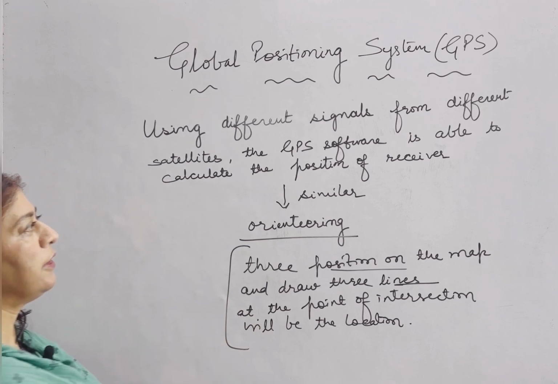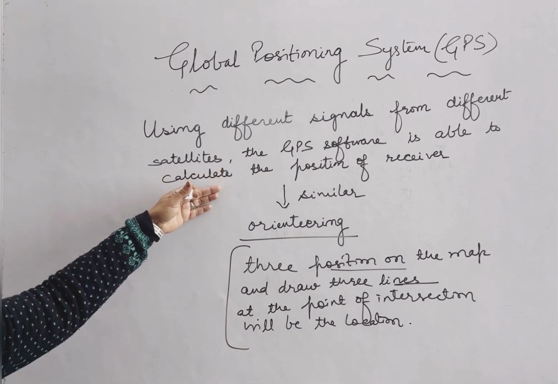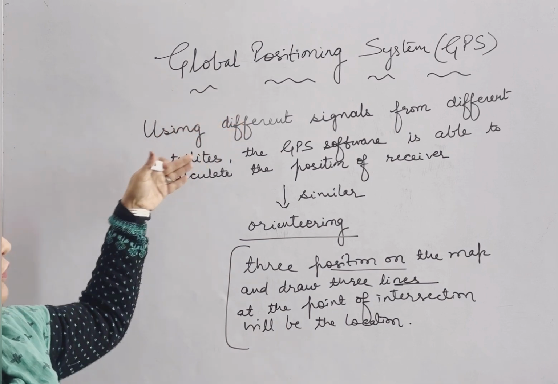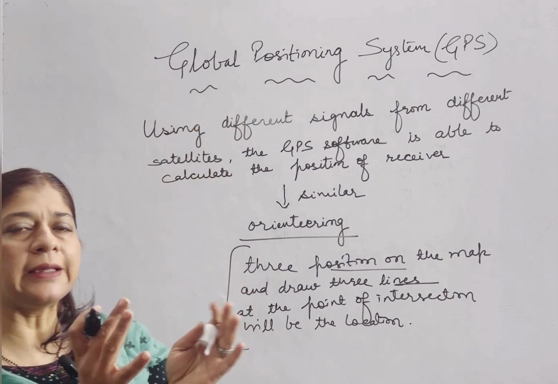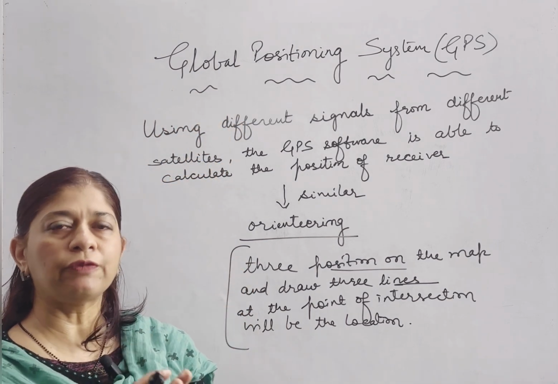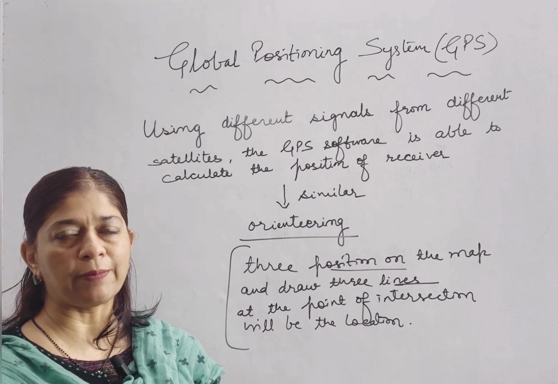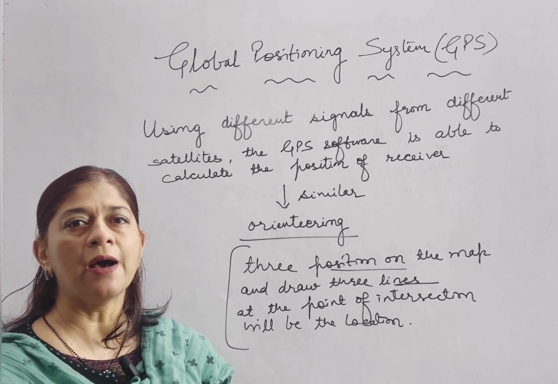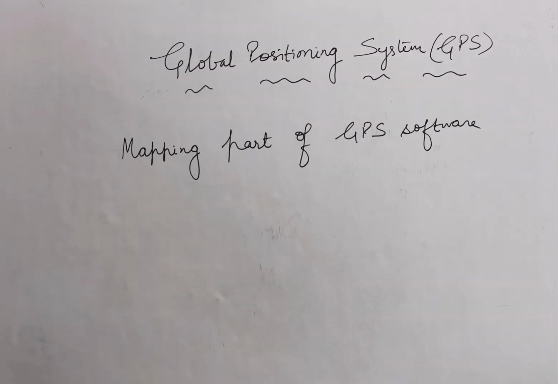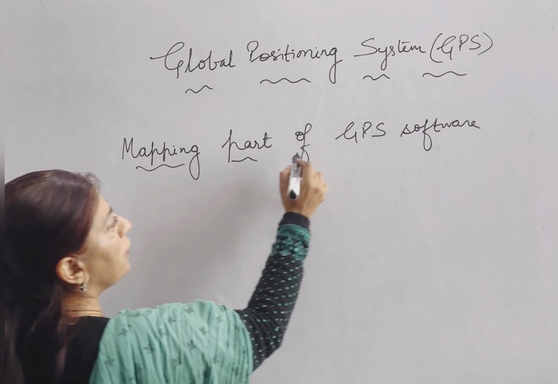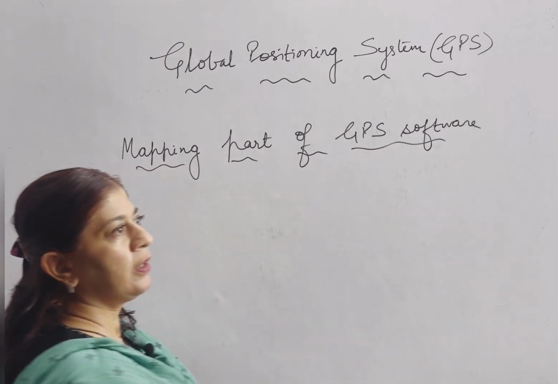Similarly, the GPS software is also doing the same thing. Different signals of different satellites, where they are getting intersected, at that very position, the position of the receiver can be judged or estimated.